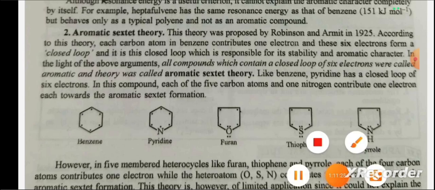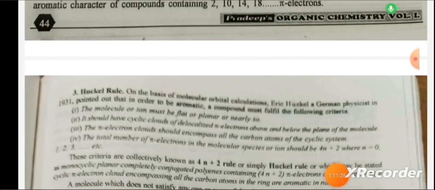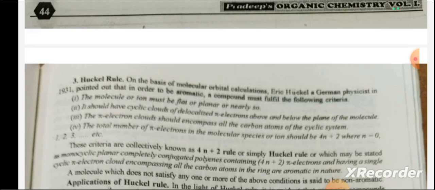On the basis of molecular orbital calculations, Huckel pointed out that in order to be aromatic, a compound must fulfill the following conditions. The molecule or ion must be flat or planar or nearly so.